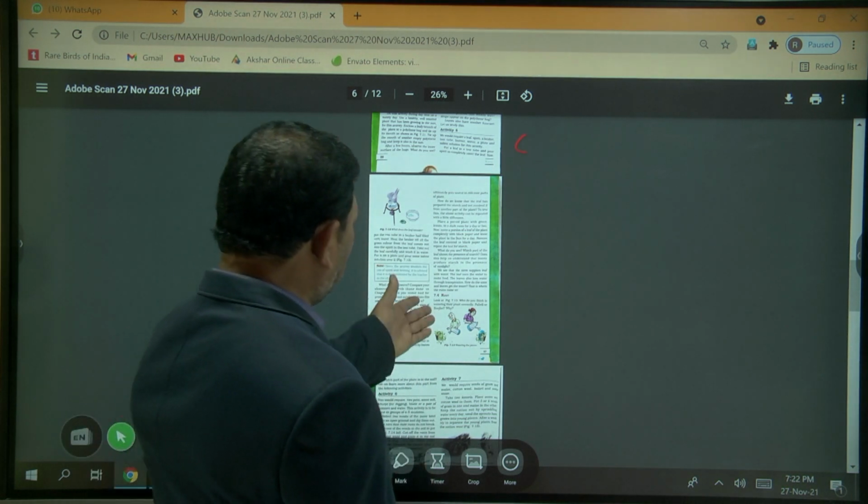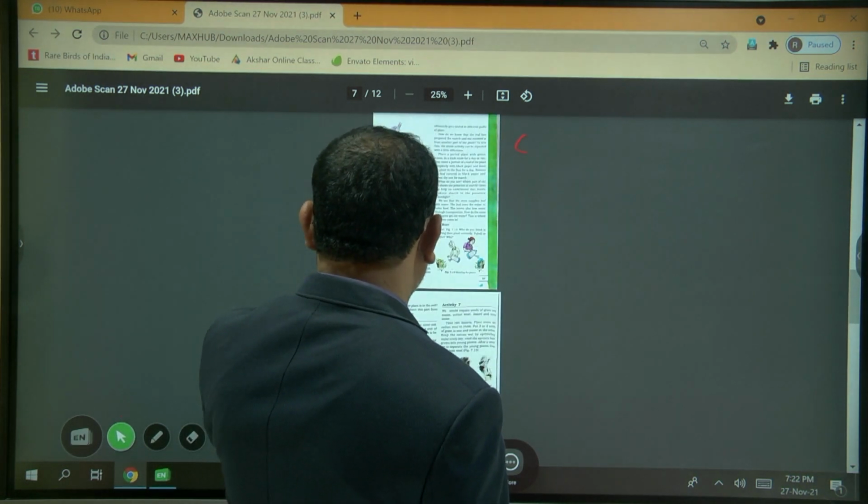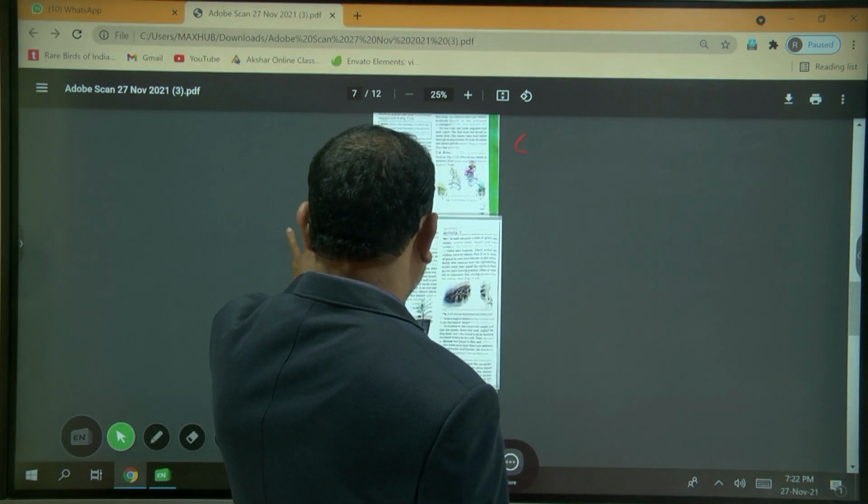Roots absorb water and minerals from the soil. So this is the absorption.